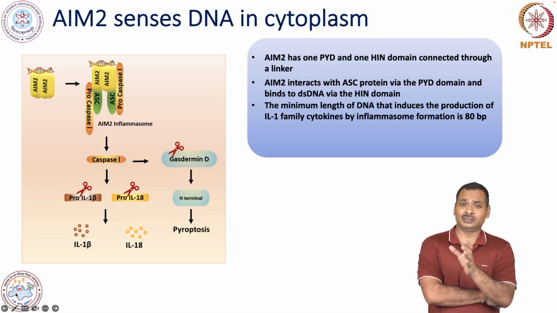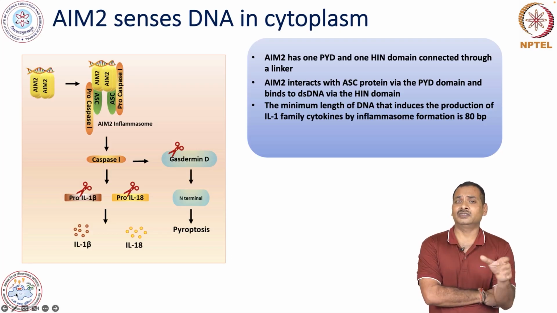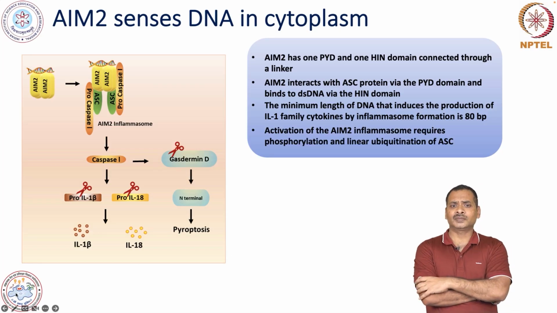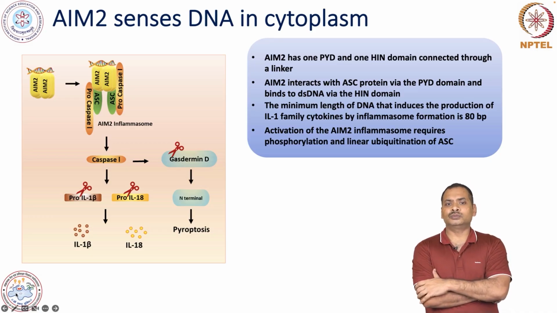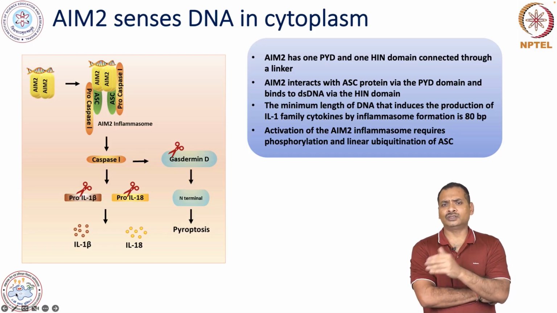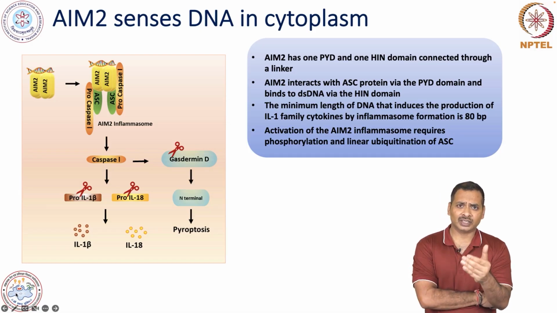If there is a shorter stretch of DNA, then it will not induce IL-1 beta production. So, activation of this AIM2 inflammasome basically requires the phosphorylation and linear ubiquitination of ASC. So, this is one additional point.